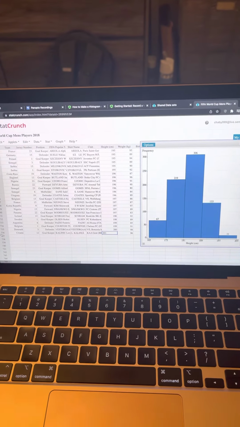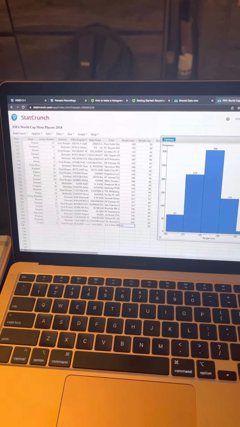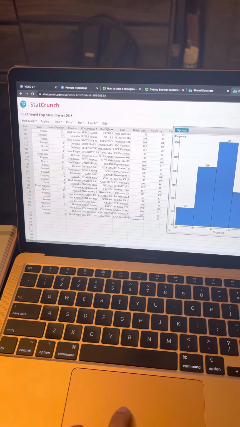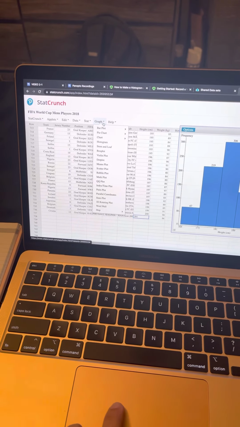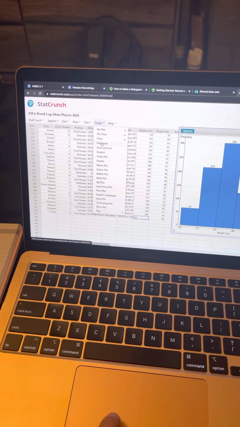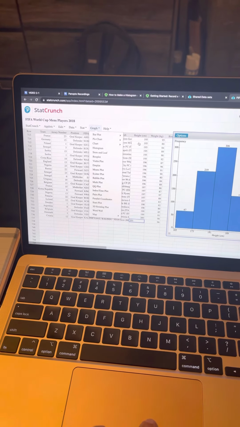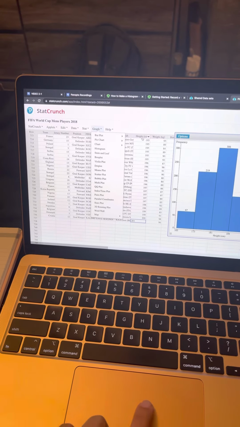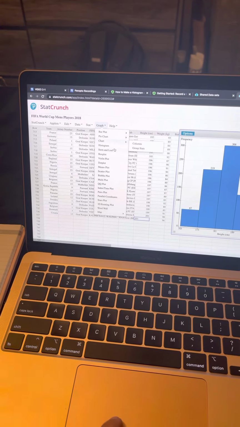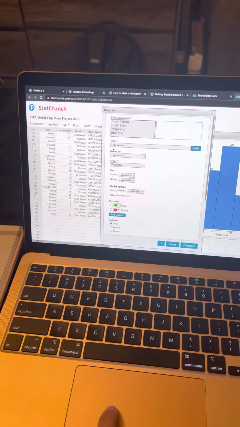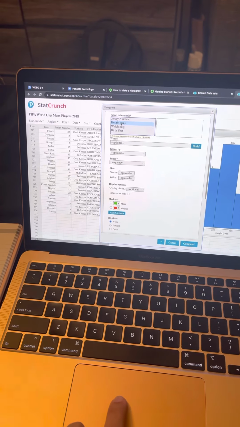To do the histogram, I went on StatCrunch. I went to graph here, then clicked on histogram. I chose what column I was going off, which was the height.